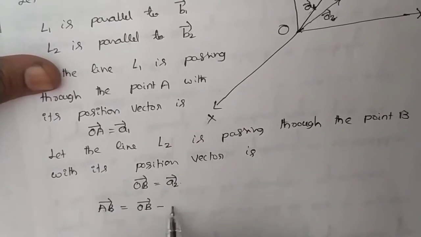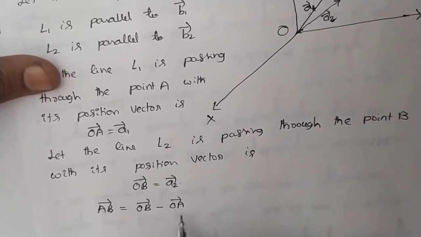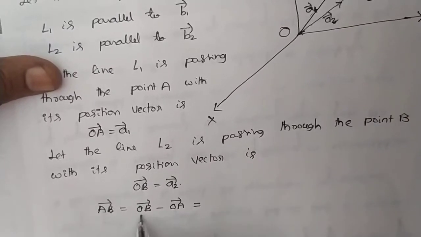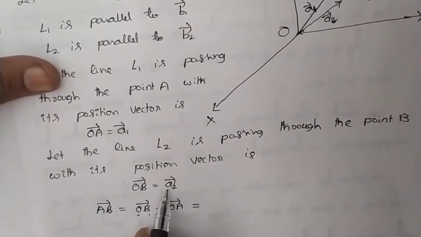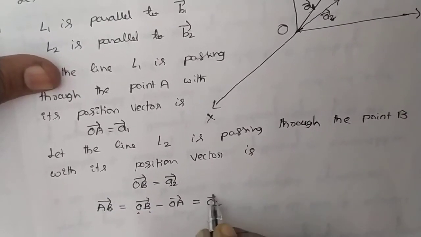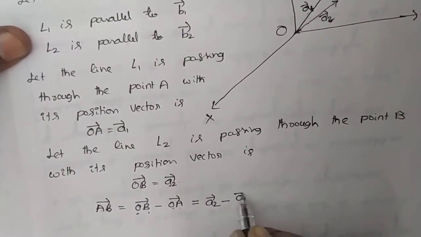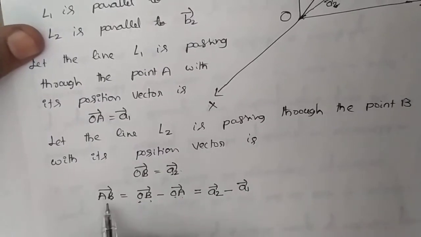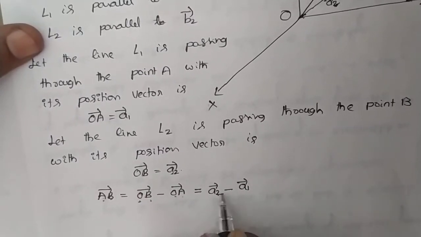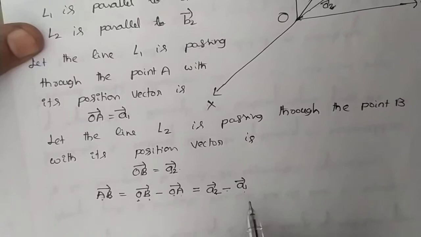OB vector is the A2 vector, and OA vector is the A1 vector. That means the AB vector is equal to the A2 vector minus the A1 vector.